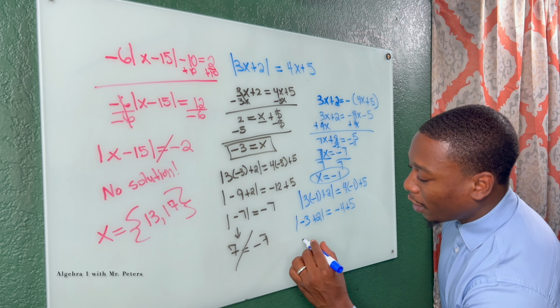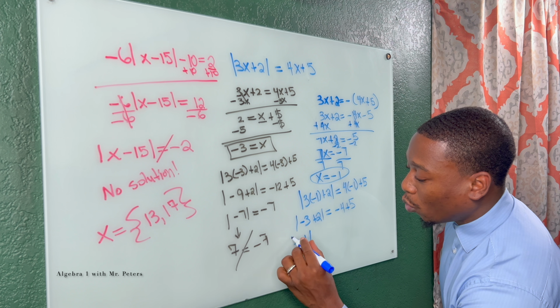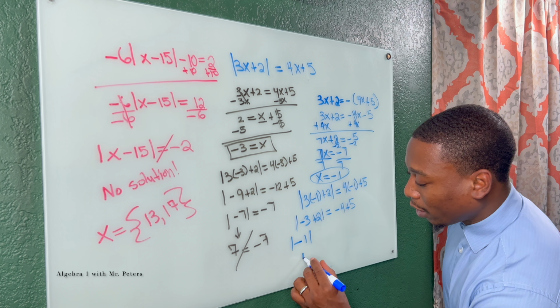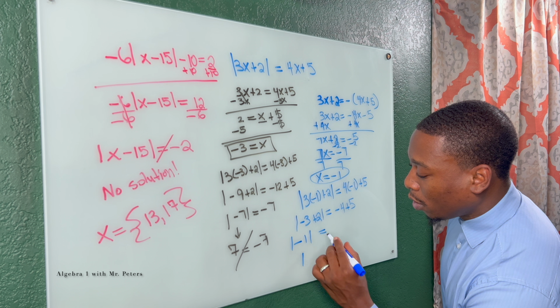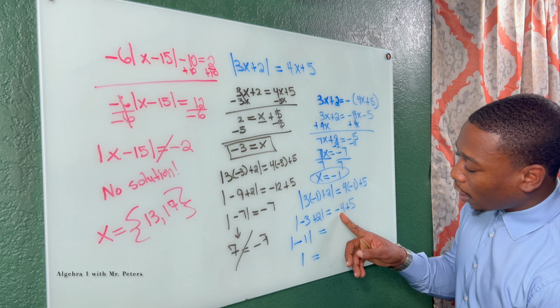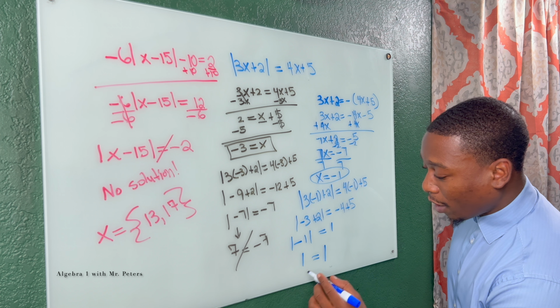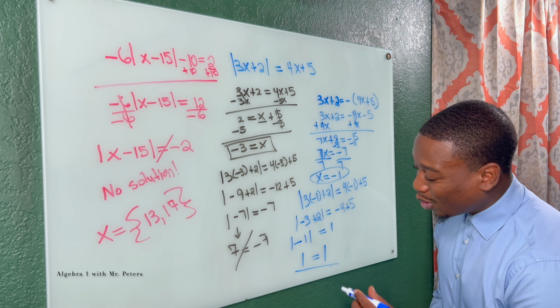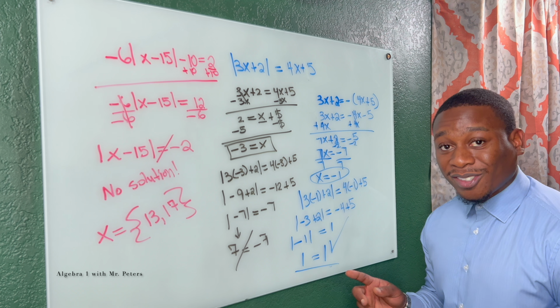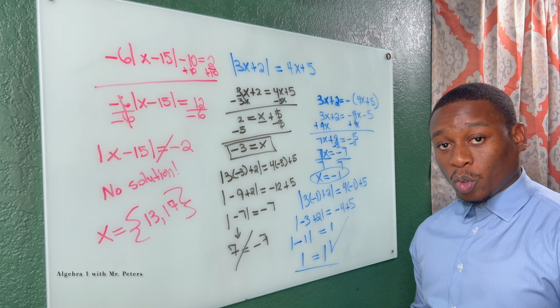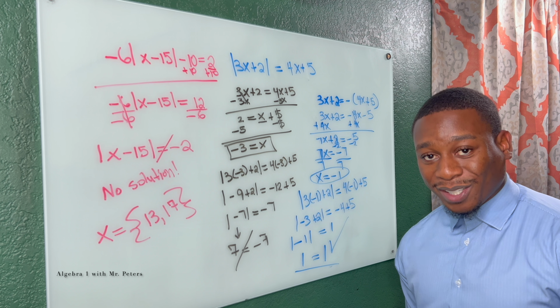Now once I simplify, this is the absolute value of negative 1. Once we take it out of the bracket, this is just equal to 1. We go on the other side, negative 4 plus 5 is 1. Once we bring it back down, we know 1 is equal to 1. So this is a solution to the absolute value equation, and it will satisfy it.